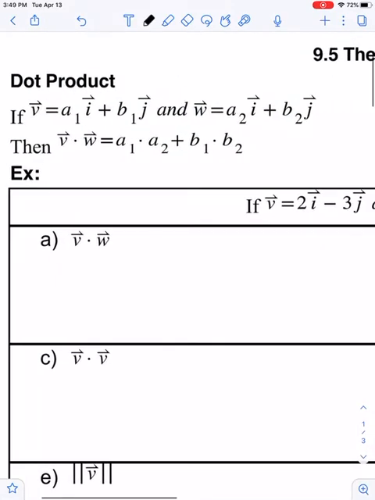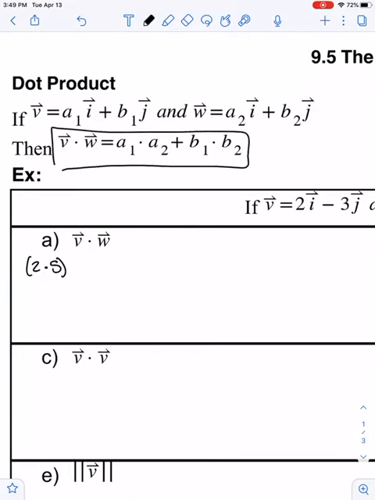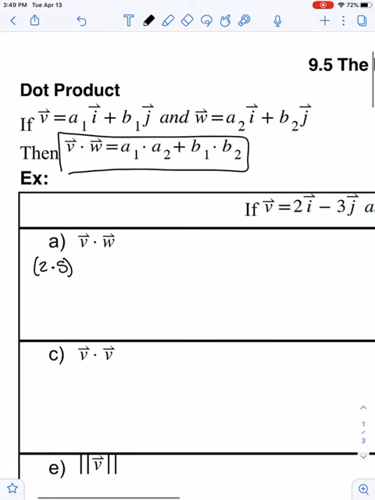So we have 2 times 5i. And when you're doing this, we get rid of the i's, so just 2 times 5, because we're following this equation here, and then plus b1 times b2.